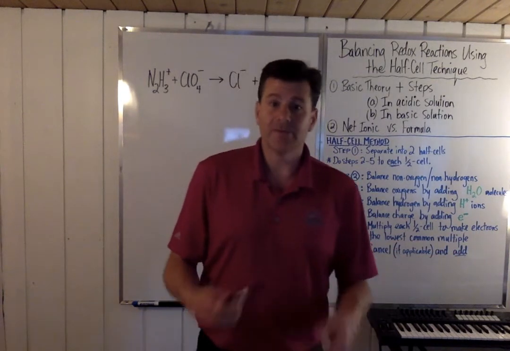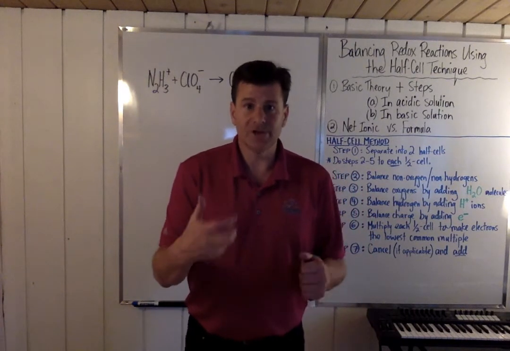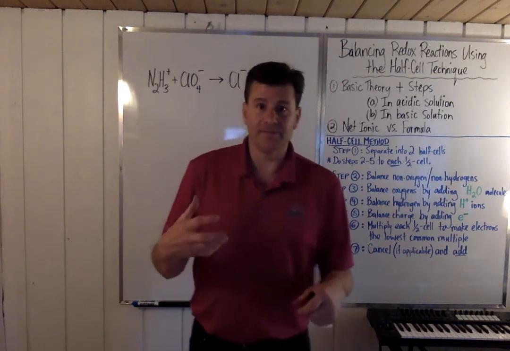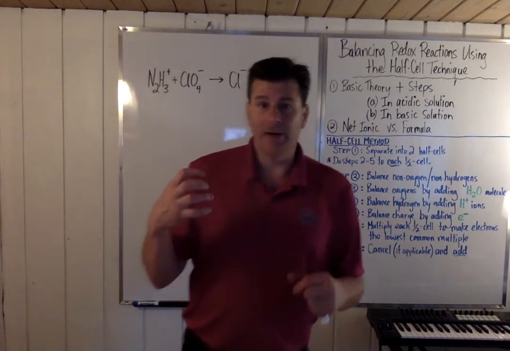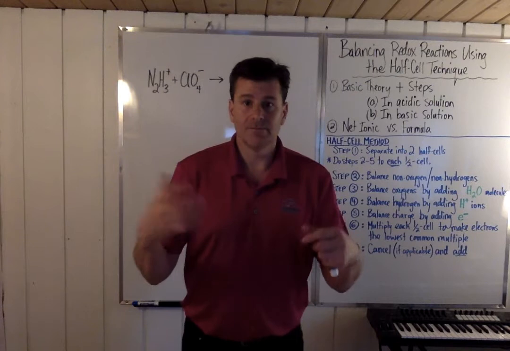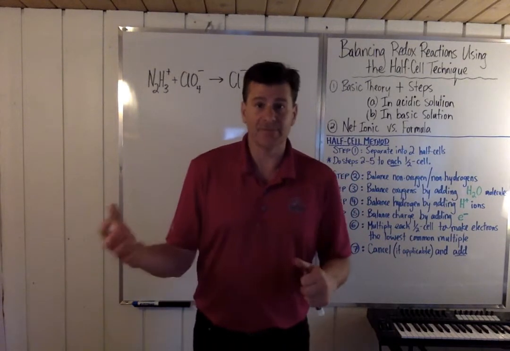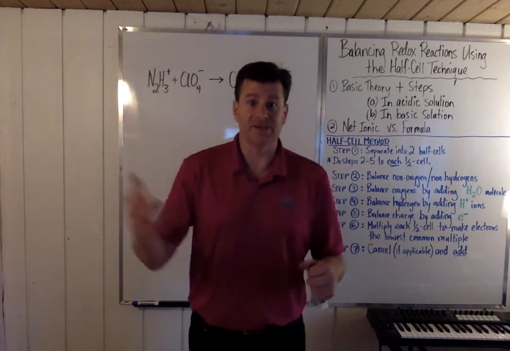The other thing that I like about the half cell method is it gives you a really good understanding of the concept that a reduction and oxidation must happen together.